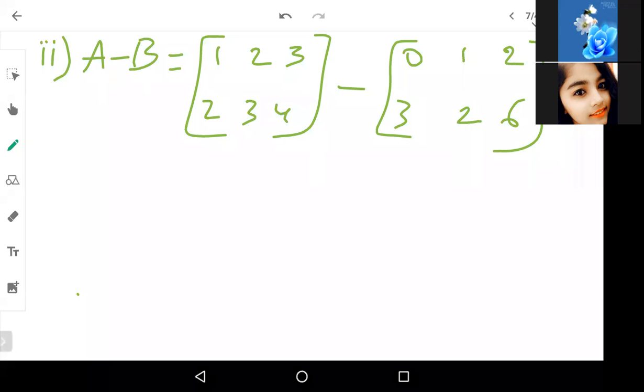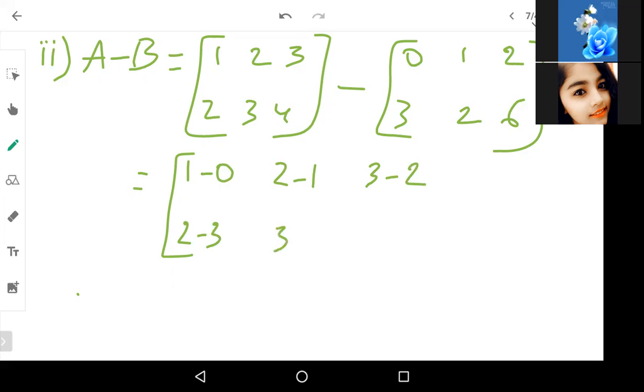Now, same step, corresponding values has to be subtracted. Now here, don't think the bigger number should come first. No, whatever numbers are there in A, that has to be subtracted with B. So 1 minus 0, 2 minus 1, 3 minus 2, 2 minus 3, 3 minus 2, 4 minus 6.